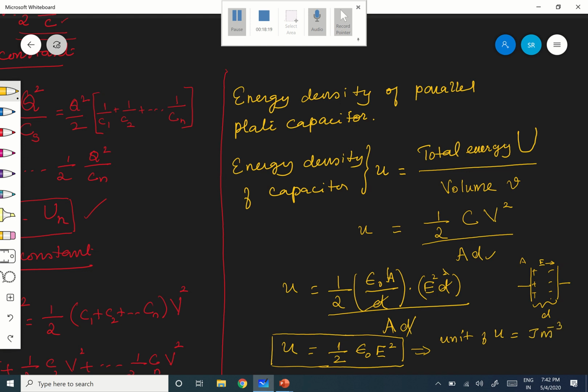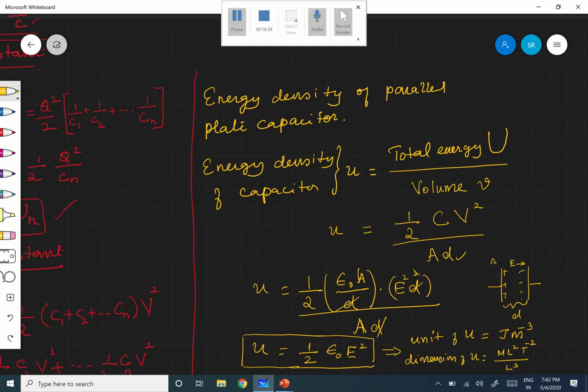And the dimension of U is energy, M L squared T power minus 2, divided by meter cube, L cube. Therefore, you will get M L power minus 1 T power minus 2.